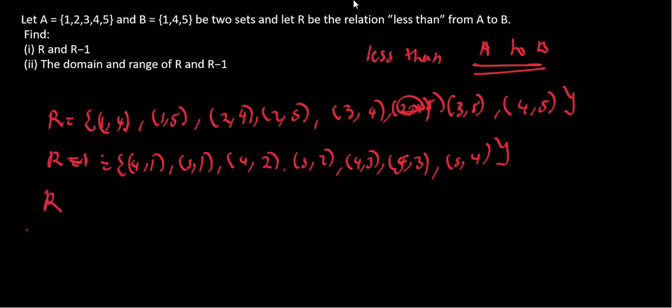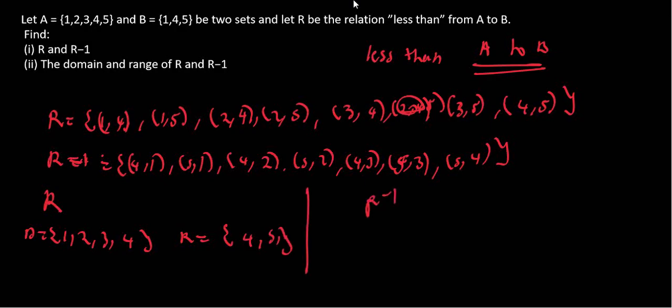On the relation, what is the domain? It is 1, 2, 3, 4. How about the range? It's just 4 and 5. How about the inverse?